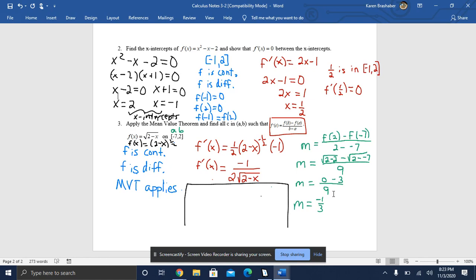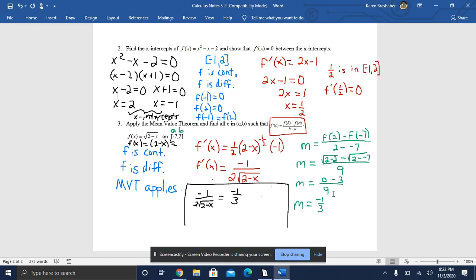So in other words, I need to find an x where negative 1 over 2 times the square root of 2 minus x is equal to negative 1/3. Now, you can solve this problem in a variety of ways.